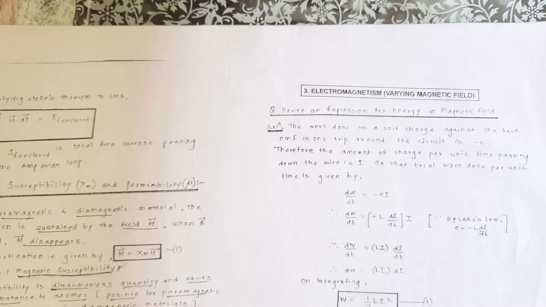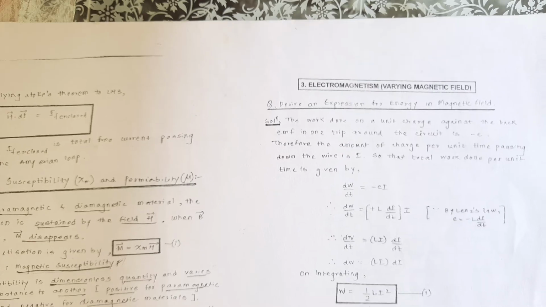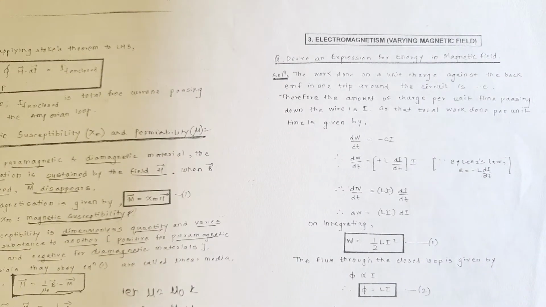We know the formula E = -L dI/dt by Lenz's law. Putting this in the equation, dW/dt = L I dI/dt. So the work done dW = L I dI. On integrating, W = 1/2 L I^2, equation number 1.